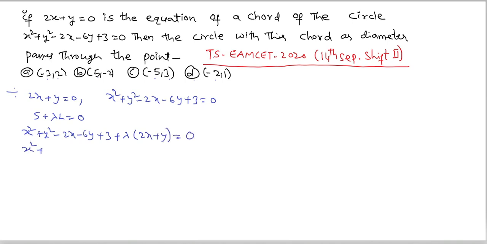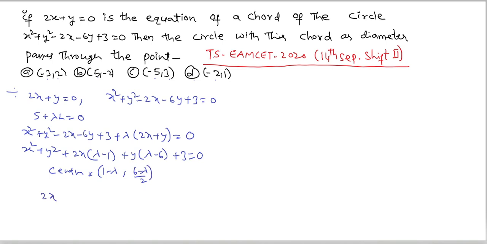Taking 2x common and y common: x square plus y square plus 2x (lambda minus 1) plus y (lambda minus 6) plus 3 is equal to 0. The center of this circle is (1 minus lambda, minus lambda by 2).